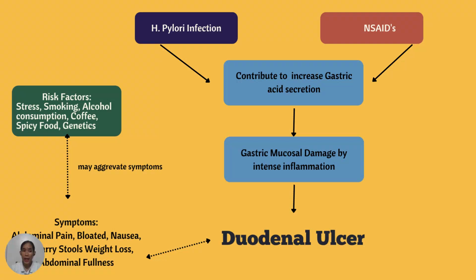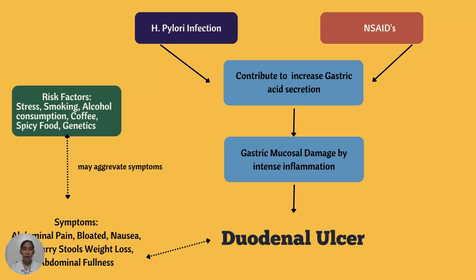Increased gastric acid secretion can possibly impair the gastric mucosa, and then lead to intense inflammation. Intense inflammation can trigger sores, and those sores are a physical symptom of the duodenal ulcer.